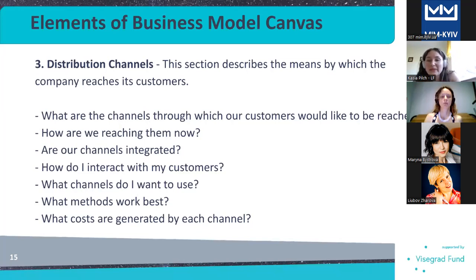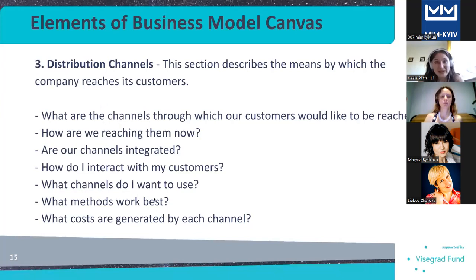Or it may be through e-commerce, or more innovative channels such as mobile apps, online platforms or social media. That's where you describe the channels of how you want to reach your customer.